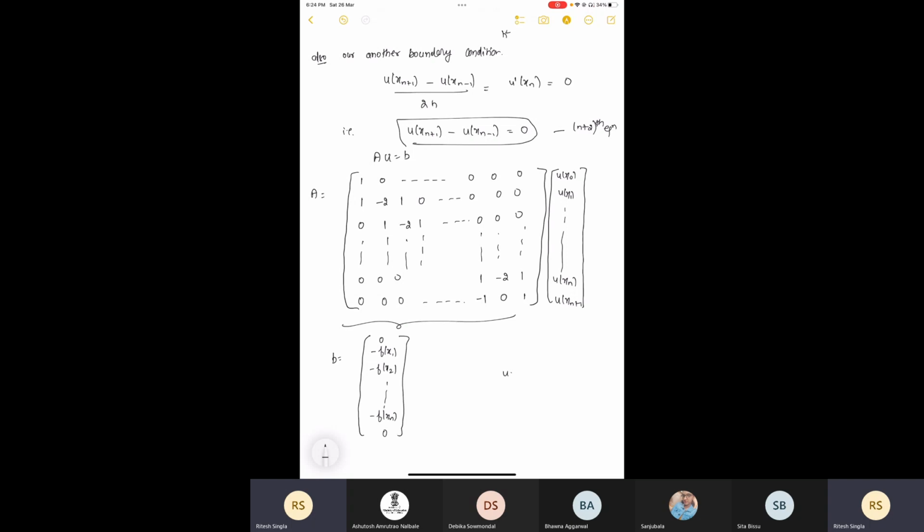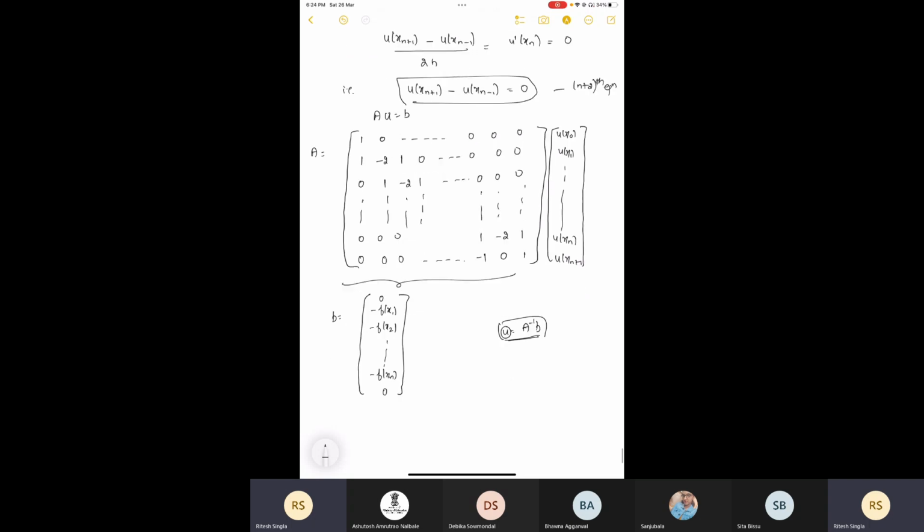So now we can do this: u is equal to A inverse B. We can solve this, and after getting all the nodes, u of x naught to u of xn plus 1, we can get the solution from here, right? So this is what the question asked you to do, that we have to implement a central difference scheme. Shall we proceed to the next question?